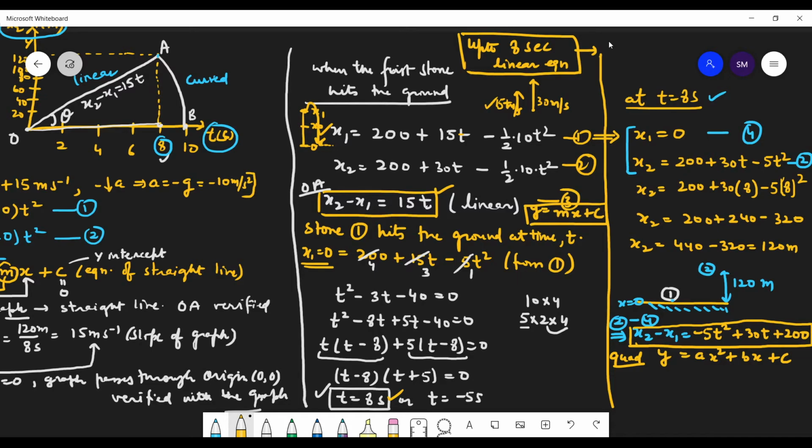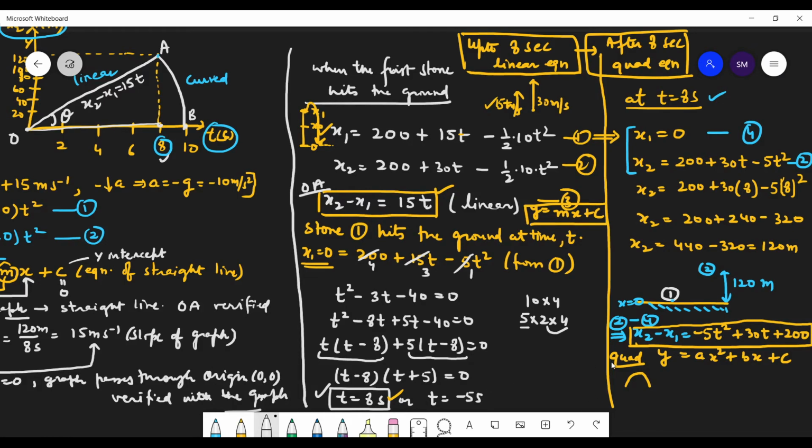After 8 seconds, you get a quadratic equation for the graph. So the graph of a linear equation is a line and the graph of a quadratic equation is a parabola. The sign of a tells you whether it is an upward parabola or a downward parabola. So the sign of a is negative, so it will be a downward parabola.